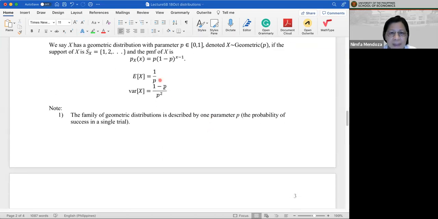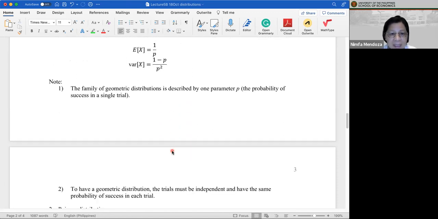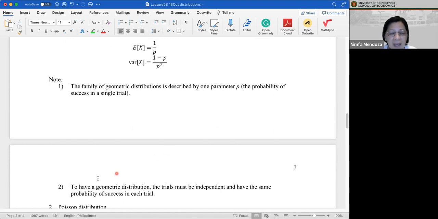Okay, so this is the mean and this is the variance. Note that the family of geometric distributions is described by one parameter p, the probability of success in a single trial. To have a geometric distribution, the trials must be independent and have the same probability of success in each trial.